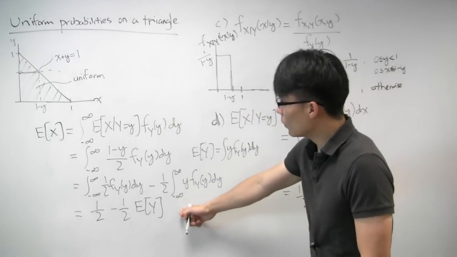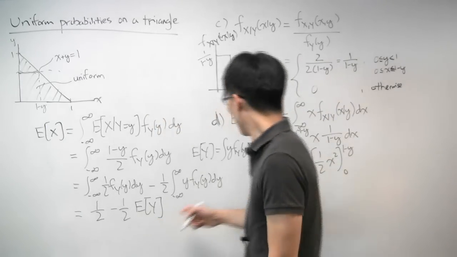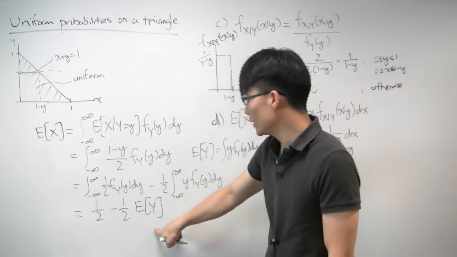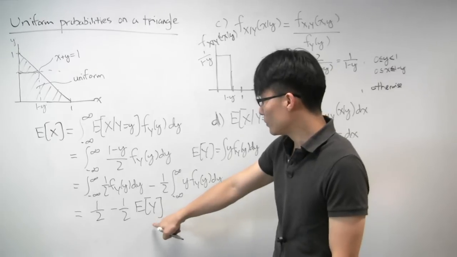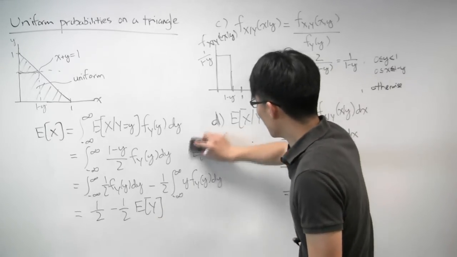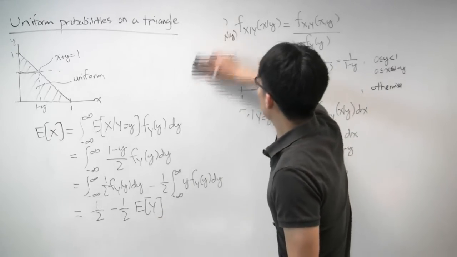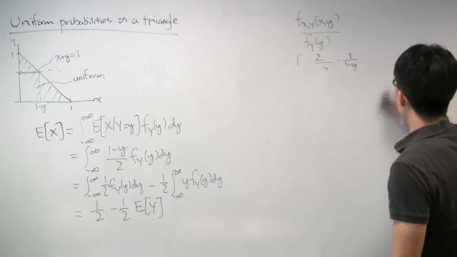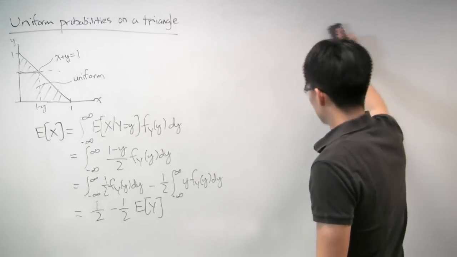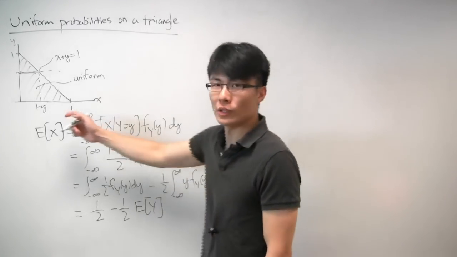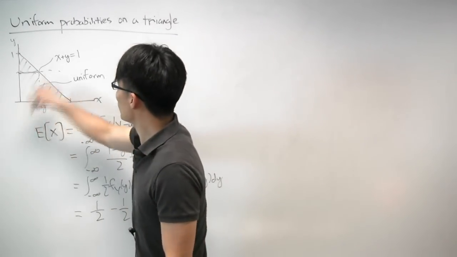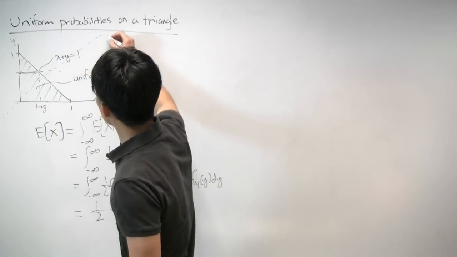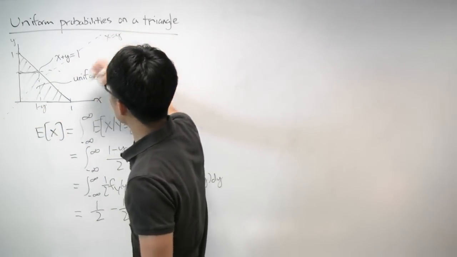Okay, so in the second part of this, part D, we've expressed the expectation of x in terms of the expectation of y. Now, maybe that seems like that's not too helpful because we don't know what either of those two are. But if we think about this problem, and as part E suggests, we can see that there's symmetry in this problem, right? Because x and y are essentially symmetric. So imagine this is x equals y, right?